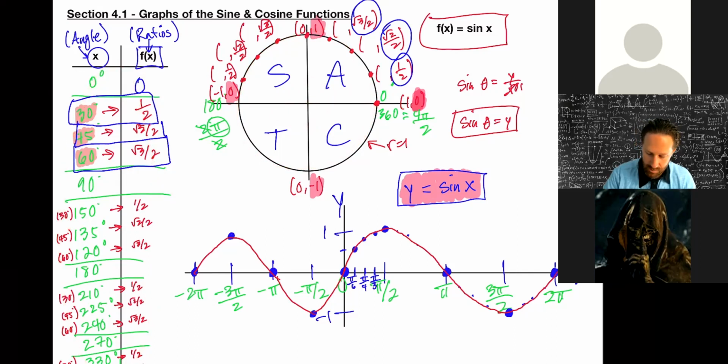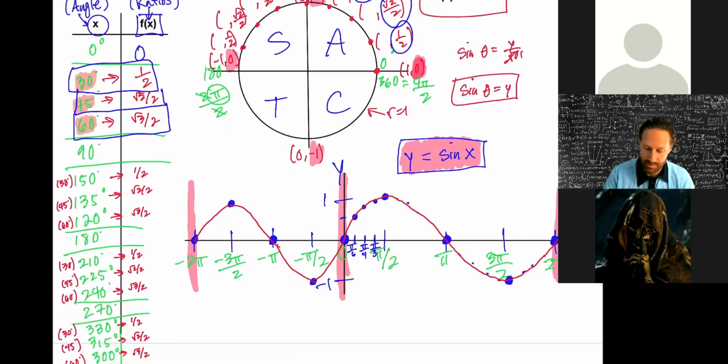So what we're going to do is basically just cut this. And we're going to talk about the period of time that it takes for this thing to repeat. And that is actually what we're going to call the period. What is the period of time that it takes for this thing to repeat?